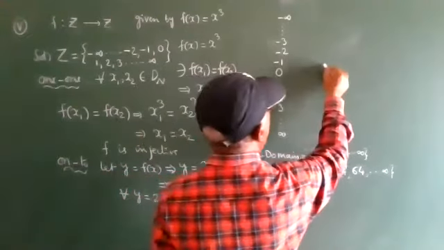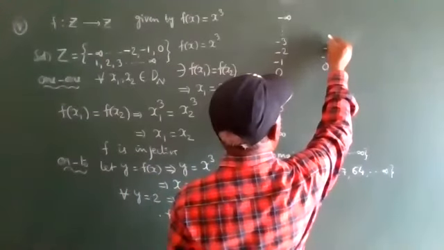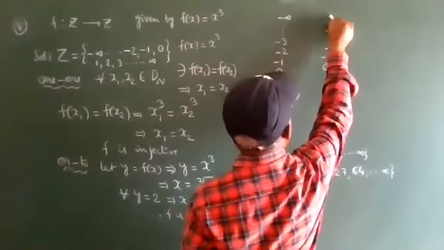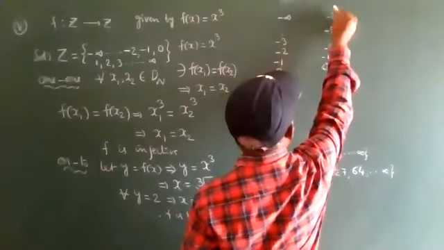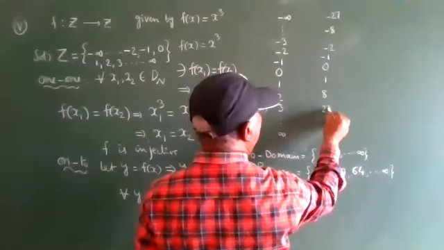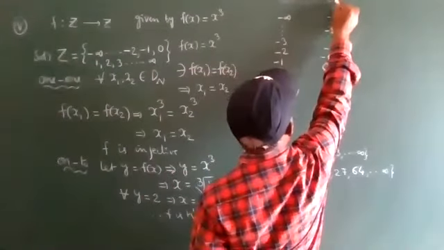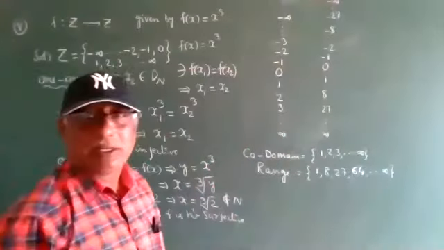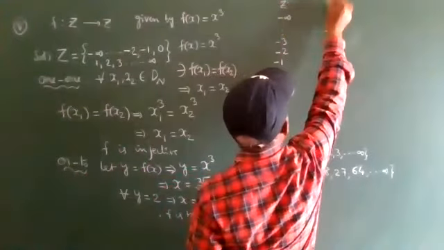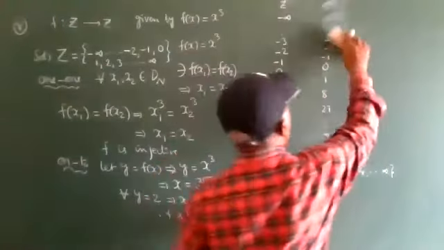Here also 0, -1, -8, -27, and on the other side 1, 8, 27 up to plus infinity. This is also Z.